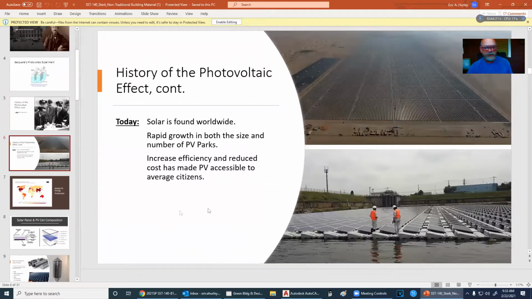Oh, I had a question on this one here, Ben. So in the floating one, is cooler better? Electricity actually works, or these actually work better at lower temperatures.